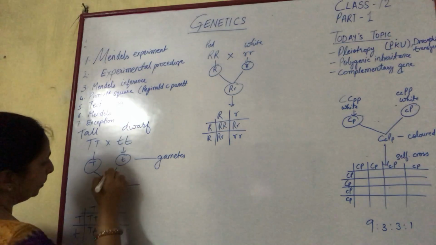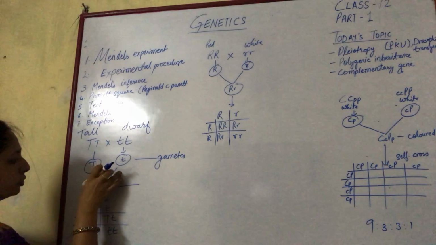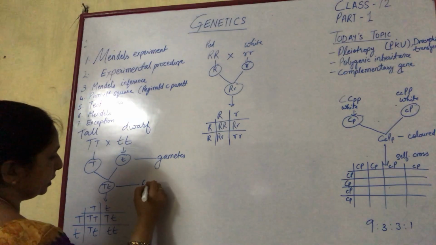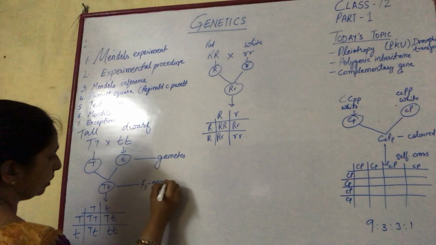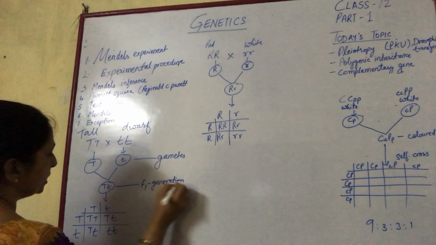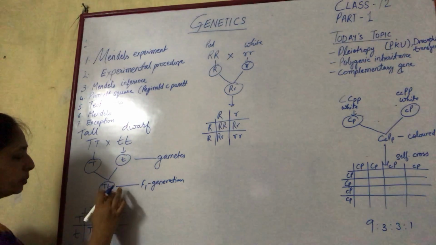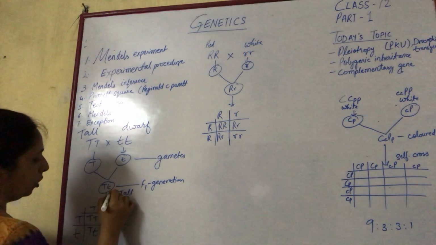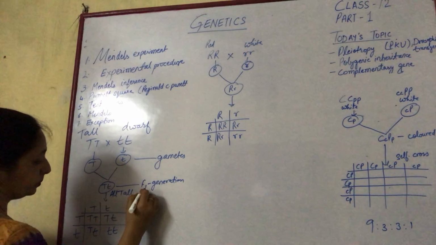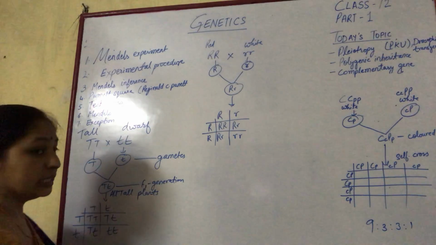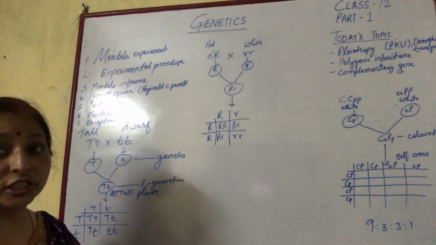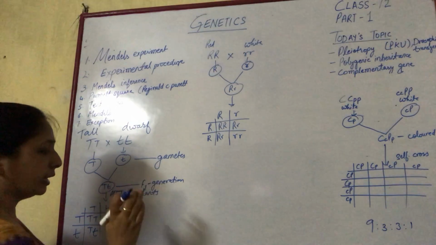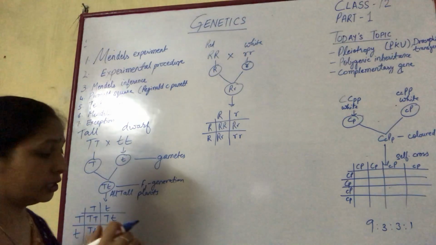By fertilization, the fusion between the two results in the first generation, which is the F1 generation. The F1 generation has capital T and small t and all tall plants. It means tallness is the dominant character for this plant. So the dominant character is expressed in the first generation.